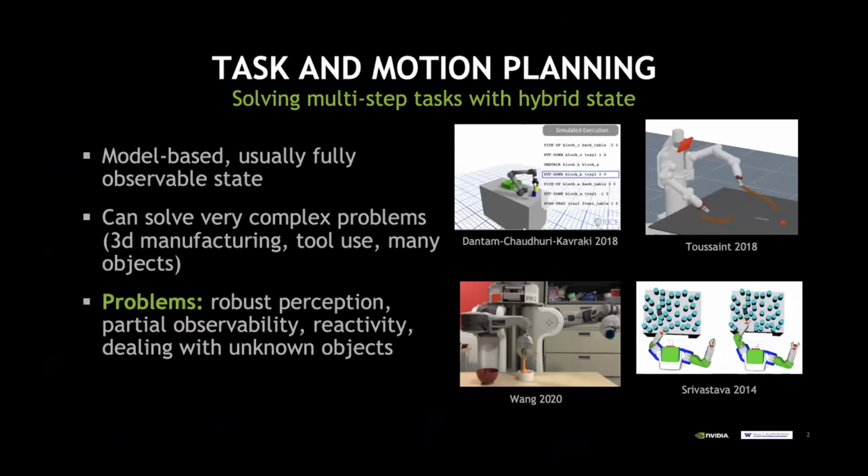So in task and motion planning, the main focus is really on coming up with planning systems that work at two levels of abstraction, where you have a higher level discrete state of the world that you can also describe with logical expressions and preconditions, post-conditions, effects based on which you can do planning, which is typically done in a discrete space.